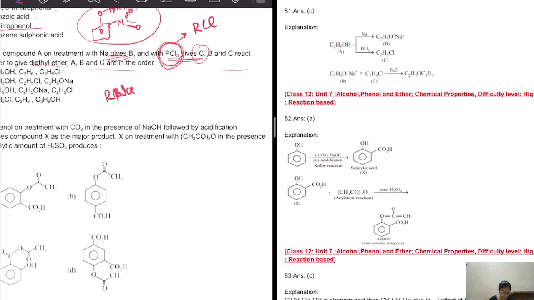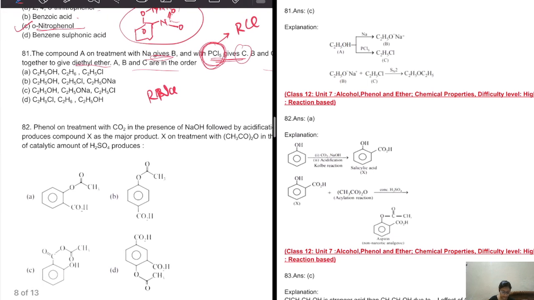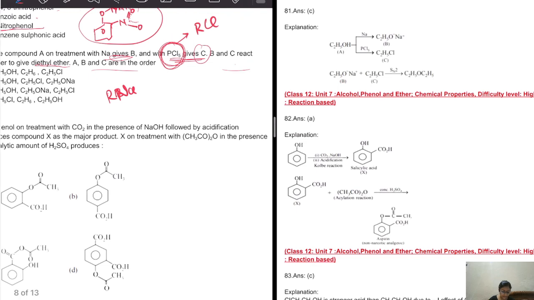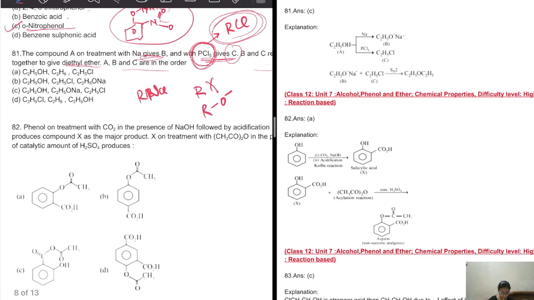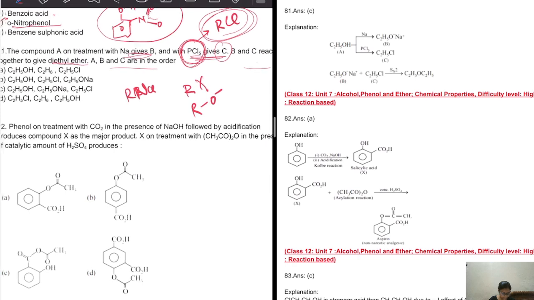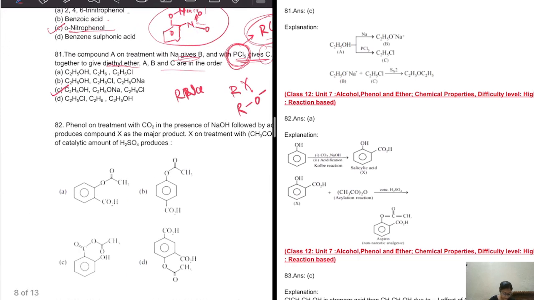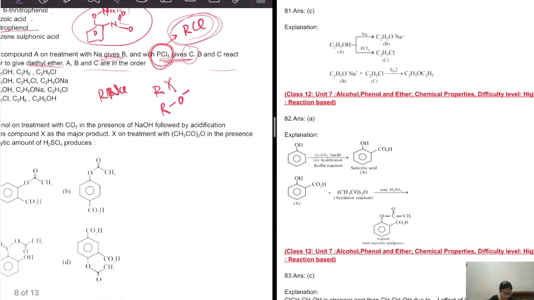B and C will react to give diethyl ether. Now, when we have an alkyl halide and a moiety with O negative, we will get ether.